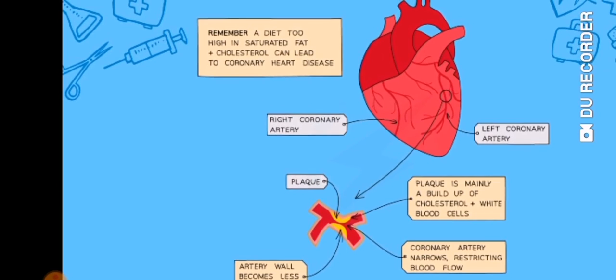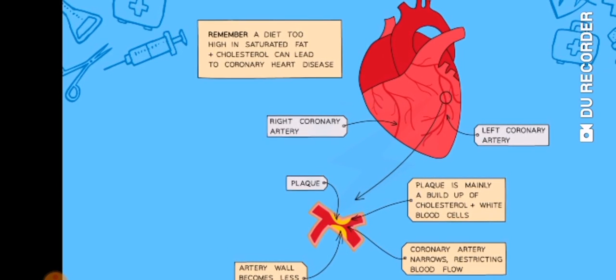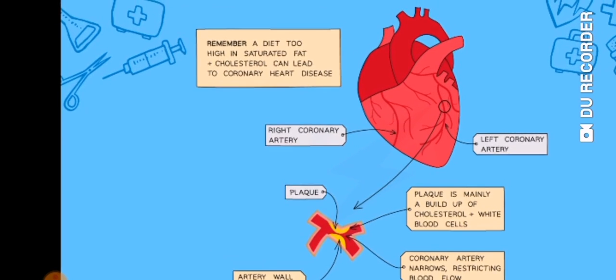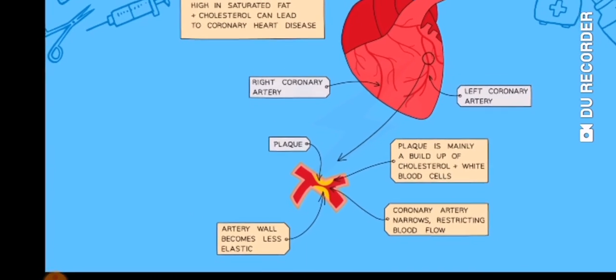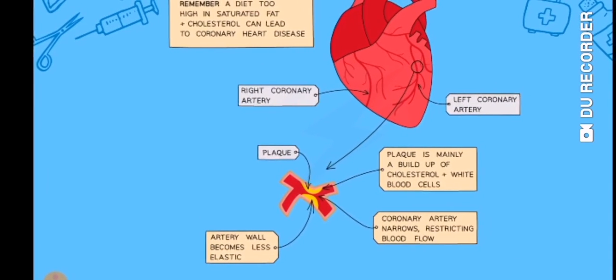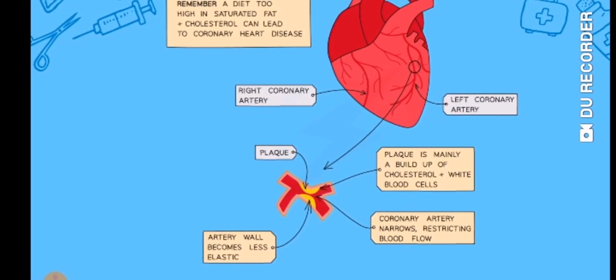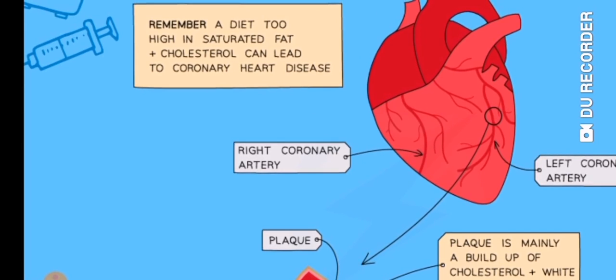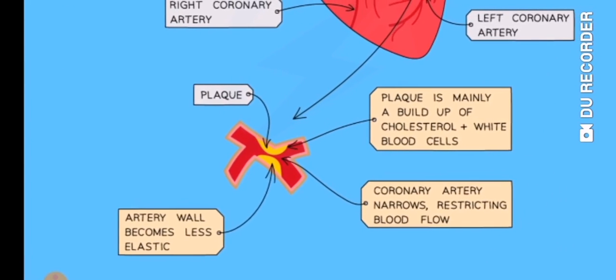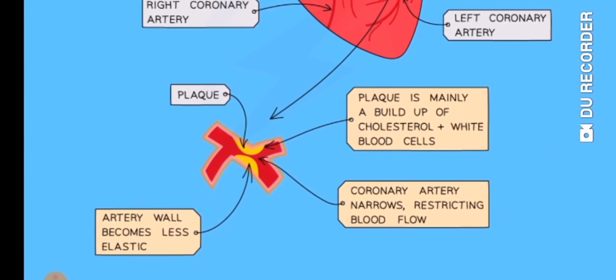So the blood can't reach all cells in the heart. Effect of narrowing of arteries. A normal artery, normal blood flow. But look here, abnormal artery. There is a block.